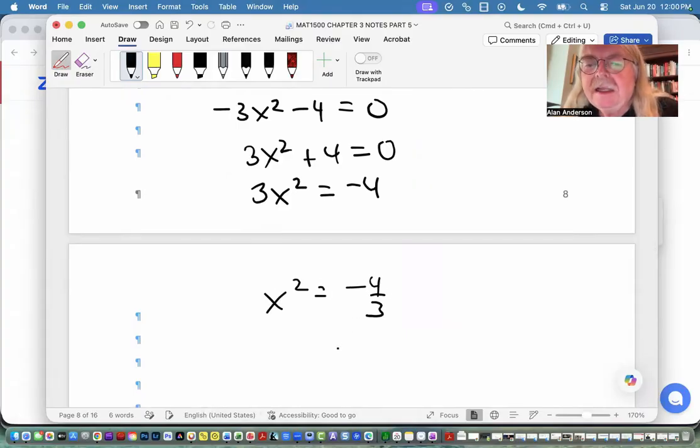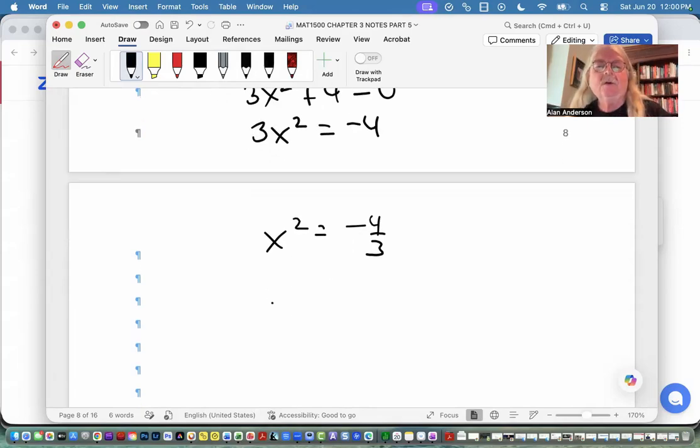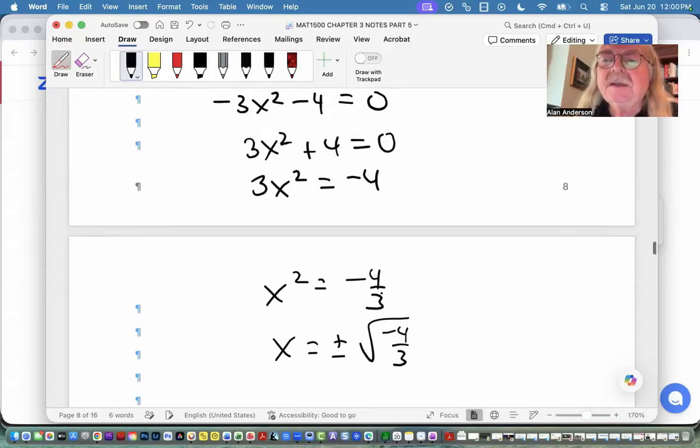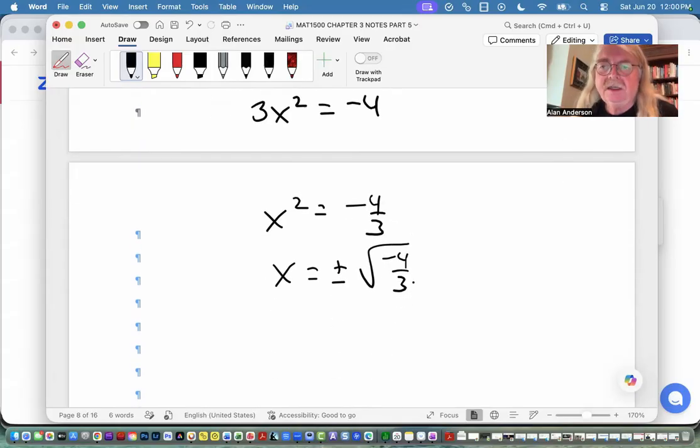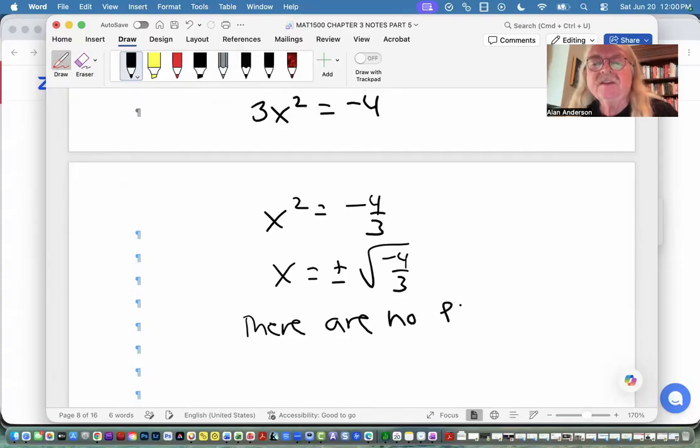Uh-oh, x squared equals -4/3. Now, what this means is that, of course, we can't take the square root of -4/3. So that means there are no solutions here. So there are no points where the second derivative equals zero.